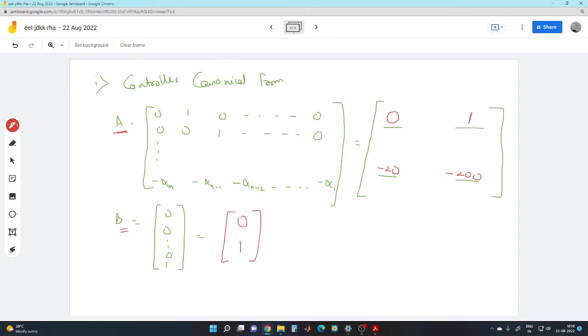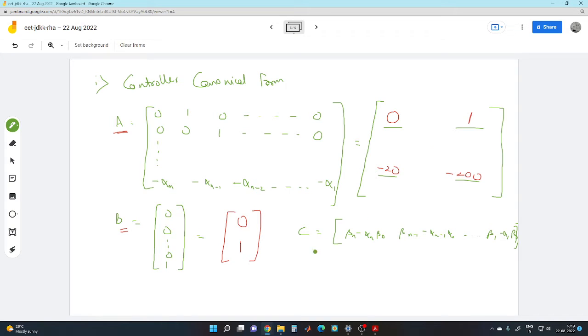Now for C, there is this expression given. It is a row matrix: beta n minus alpha n beta naught, beta n minus 1 minus alpha n minus 1 beta naught, dot dot dot, beta 1 minus alpha 1 beta naught.